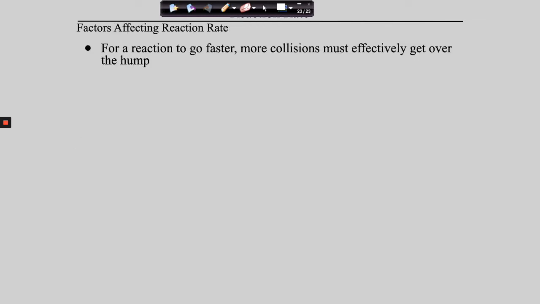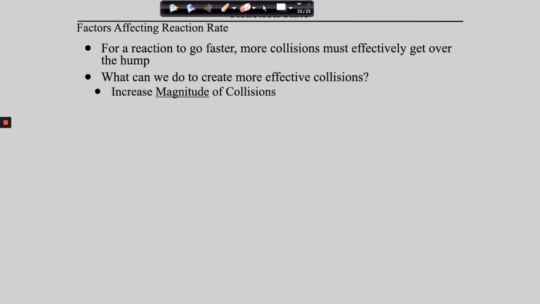What we can do is we can either change the magnitude of the collisions, or we can change the frequency of the collisions. Higher magnitude, more energy, more get over the hump. Higher frequency, more collisions per time, more get over the hump.